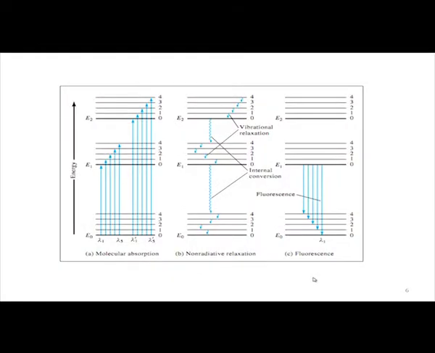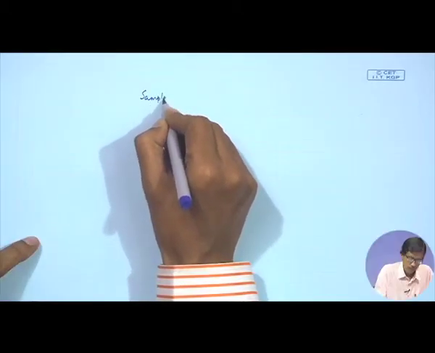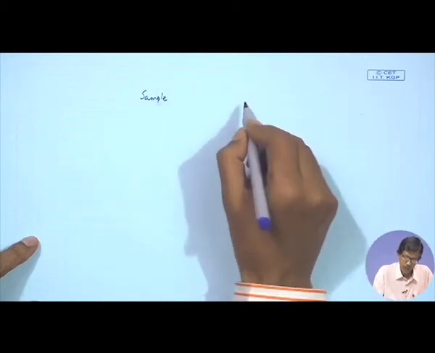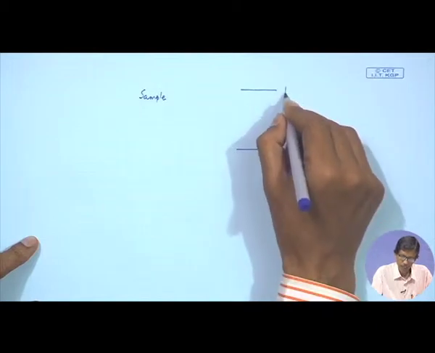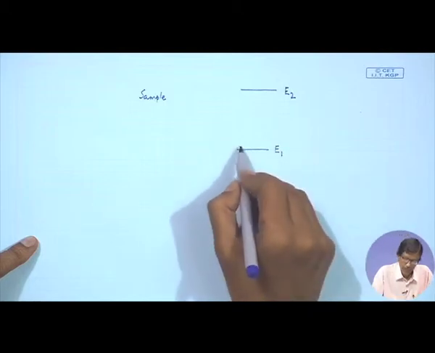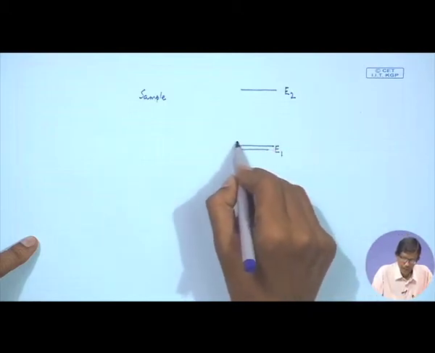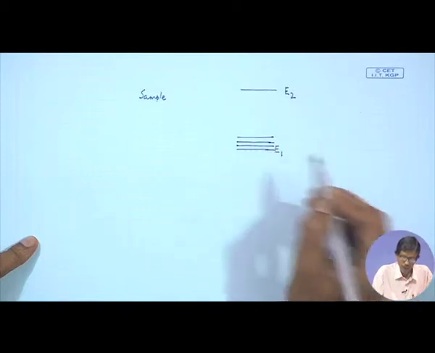So, we will consider how these different levels will be useful, and we will be talking about the corresponding values. That means, you have the sample, which we talk about in terms of two electronic energy levels, that means E1 and E2, and already we have seen that it can have different vibrational energy levels while talking about infrared spectroscopy.